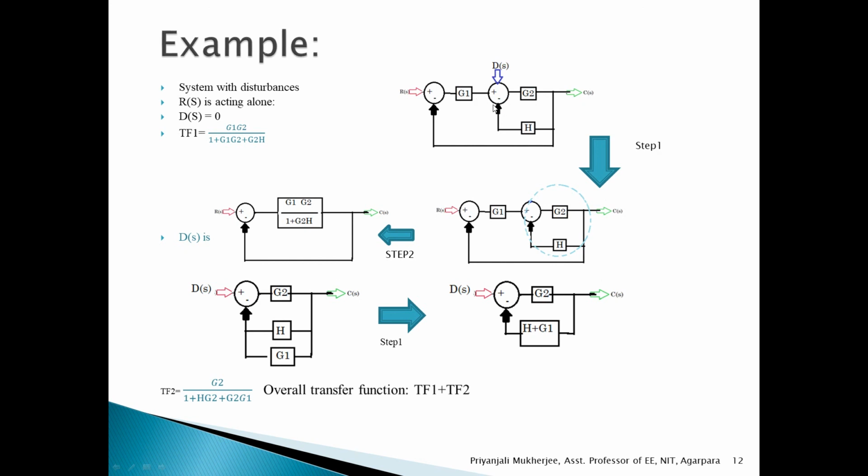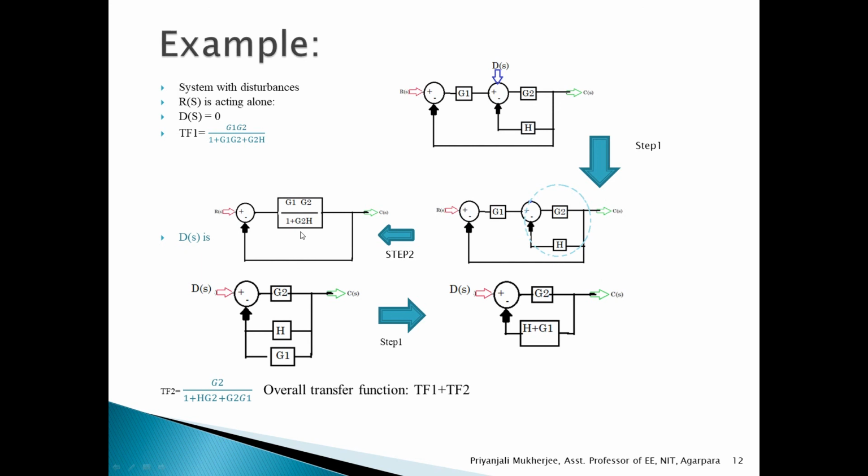So when Ds is 0, it becomes like this. Rs is present, that goes to G1, and G2 and H are in the negative feedback. Then we have eliminated this negative feedback like this, G1 into G2, because G1 is in series combination with these two. So this section becomes G2 by 1 plus G2 into H, and G1 is in series with that, so G1 is multiplied with this.